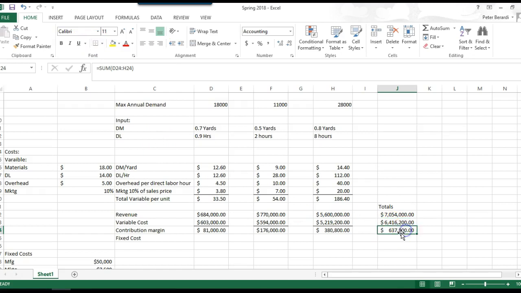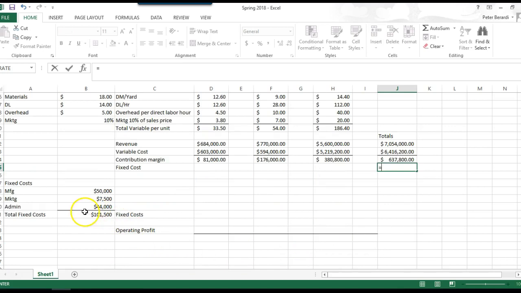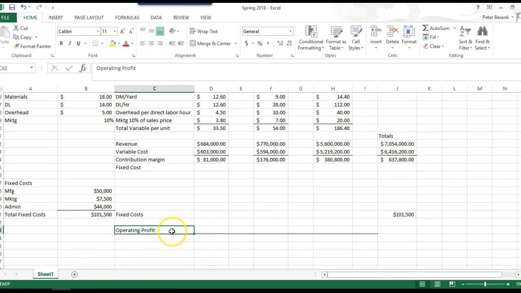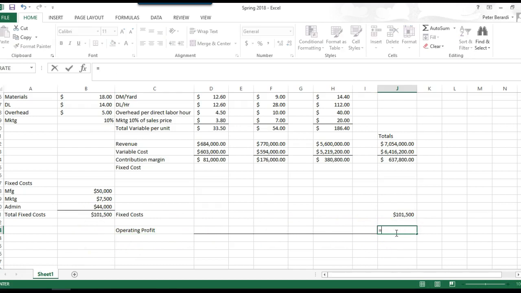So our total contribution margin is 637. Our fixed cost, which we're going to put here, is given to us in the problem right here. Let me put that right on the row. We'll link that. Operating profit is going to equal contribution margin minus fixed costs of 536,300.